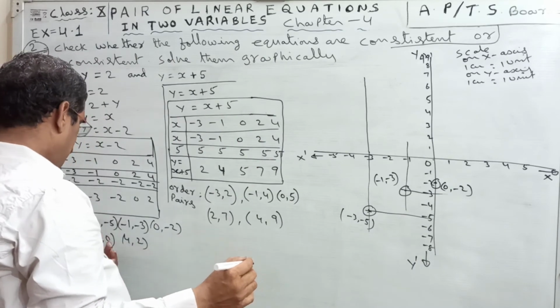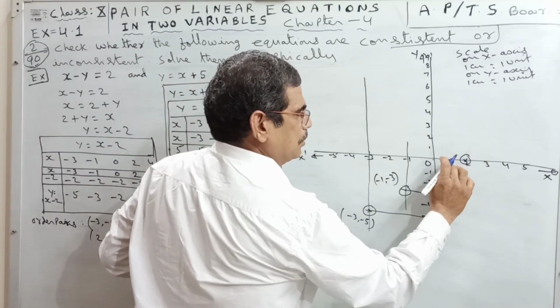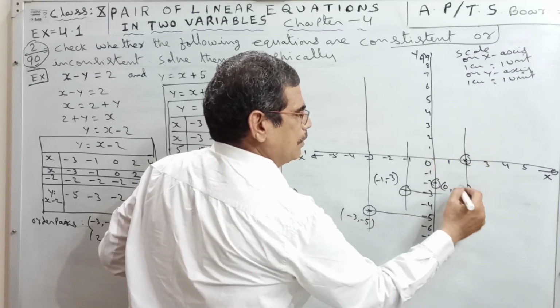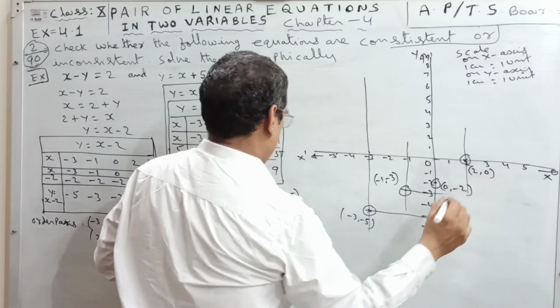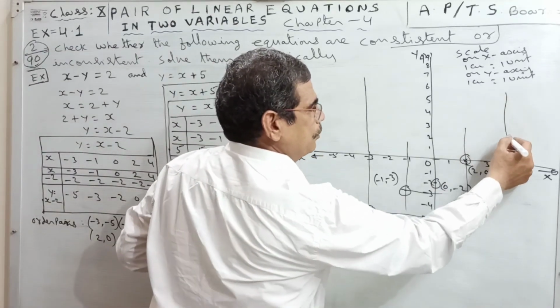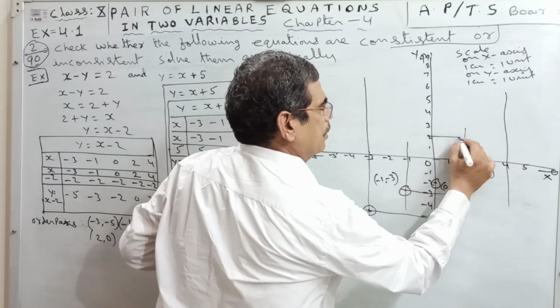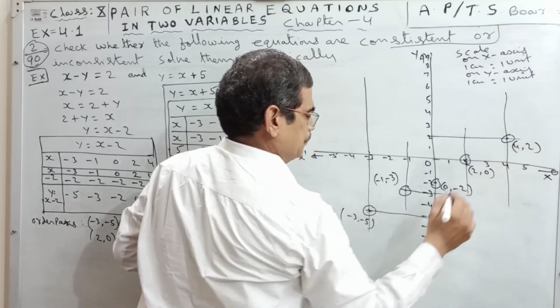Fourth point 2 comma 0. This is the 2 line, 0 means this one. So 2 comma 0. Last point 4 comma 2. This is 4, 2 is this one. So this point is called 4 comma 2.